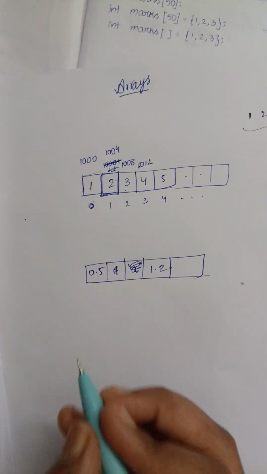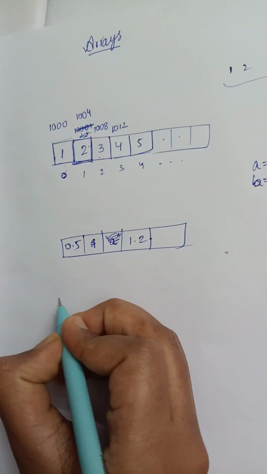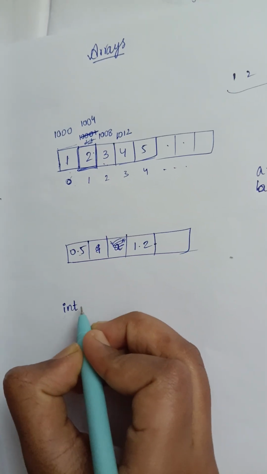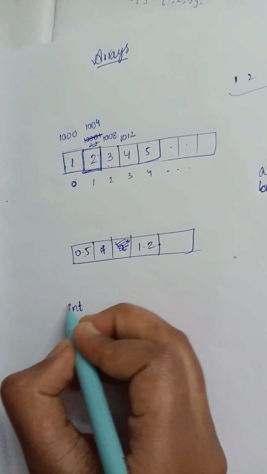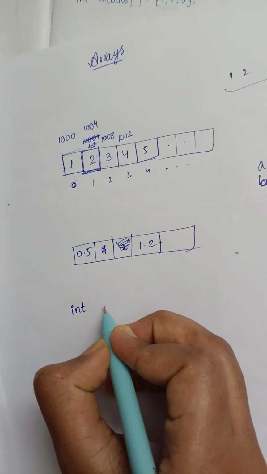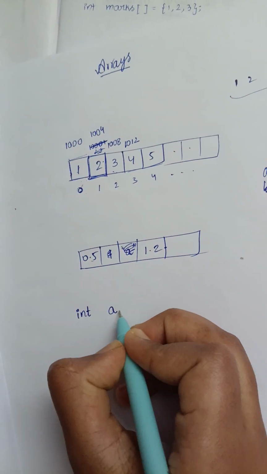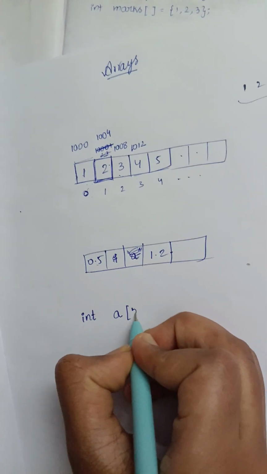Now we'll see how to declare an array in C++ or C language. Both of them are the same. We'll write the data type, like what type of data we want to store in the array, and then we'll write the name of the array. Suppose I'm creating an array named a of 5.